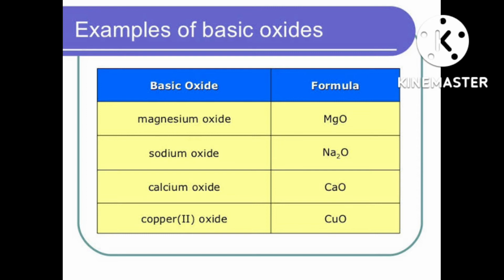Here we are not studying the property element by element, we are studying the trend. That's why it is called periodic trends and chemical reactivity.